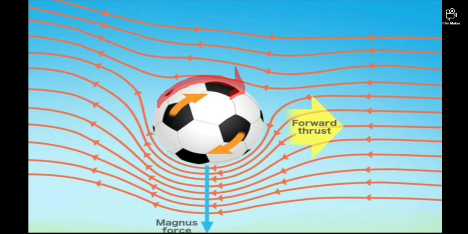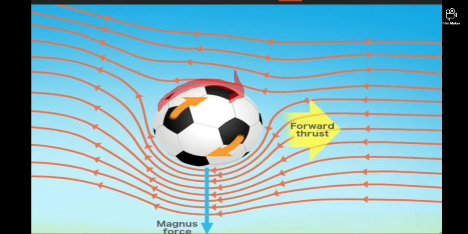See the arrows? We know that the air will resist the movement of the football. We know this from the third law of Newton. So the resistance of air will be occurring in this direction. And because of the resistance, what will happen? The velocity of the airflow will decrease.